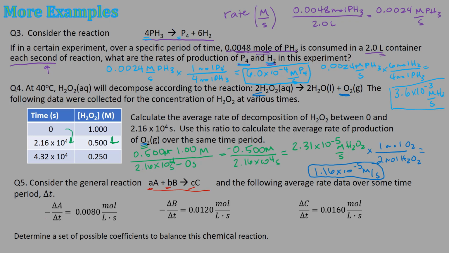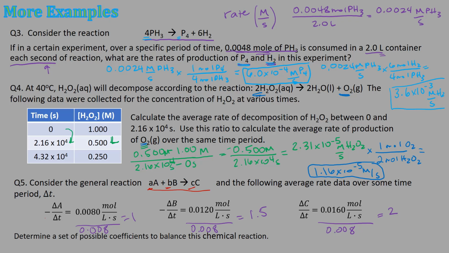And I'm going to take the smallest number and compare it to the other numbers. So the smallest one is the 0.008. It's smaller than the other two. So I'm going to divide 0.008 into all of these and compare them. So this one is 1. Right, 0.008 goes into 0.008 one time, and this one is 1.5, 0.012 divided by 0.008, and this one is 2.